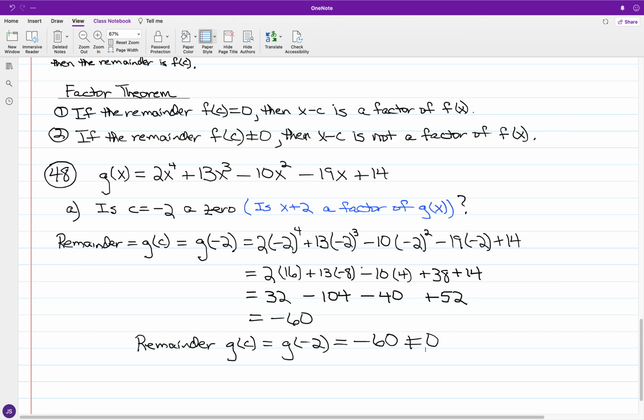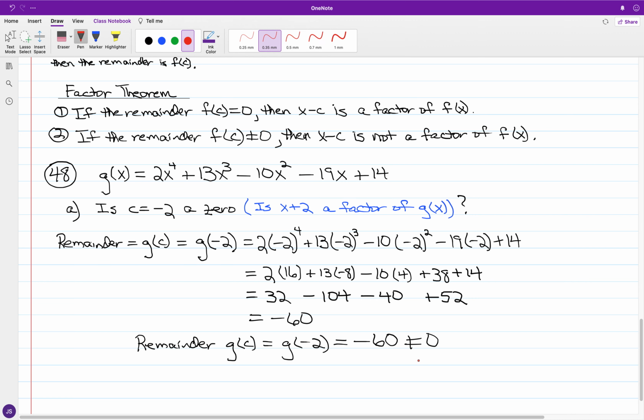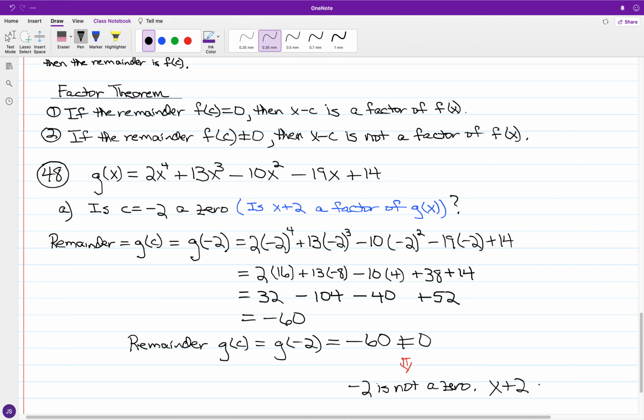And so this is going to signify that -2 is not a 0, and you also have that x plus 2 is not a factor. Okay.